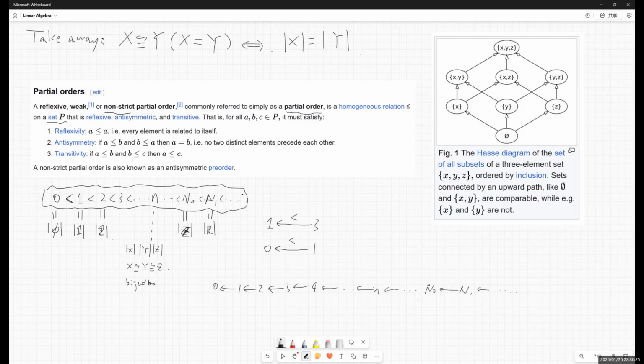The set P here, this is the set of 0, 1, 2, 3, n. We denote it n.